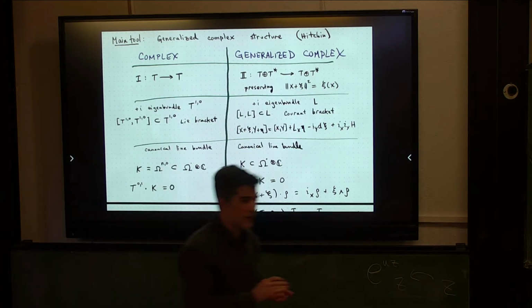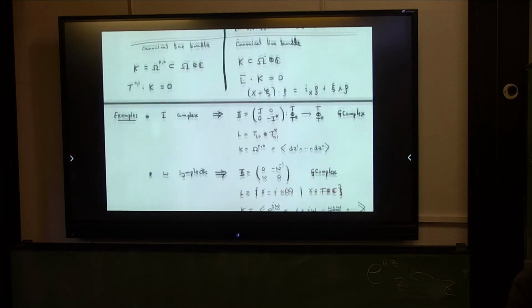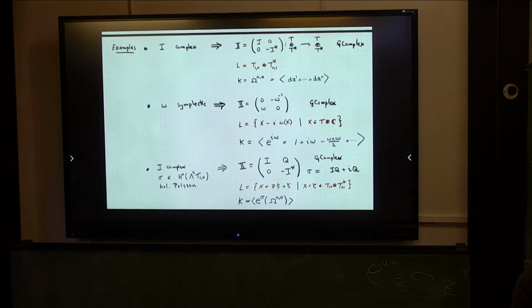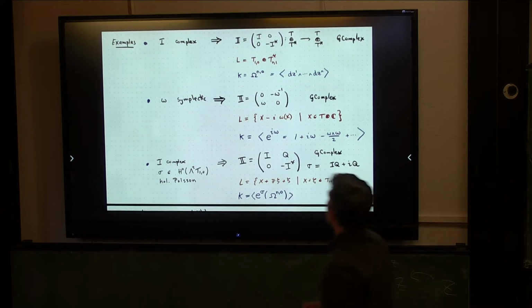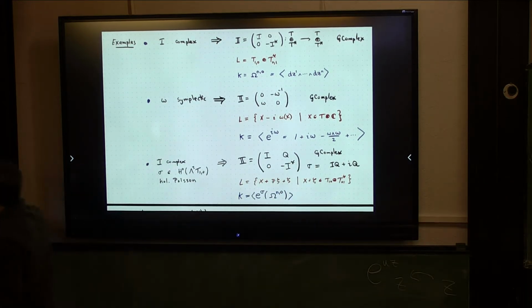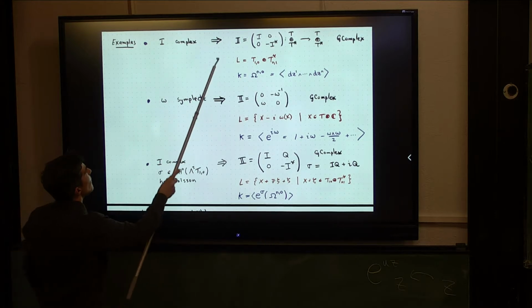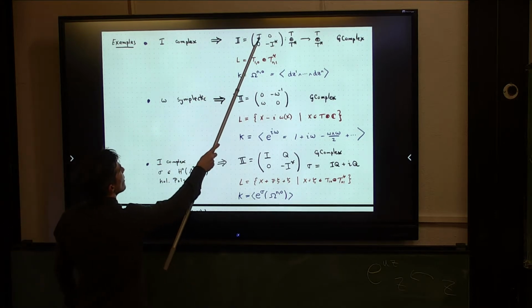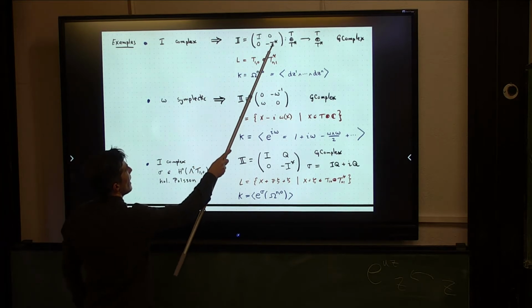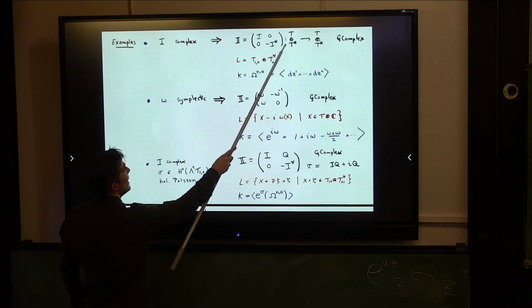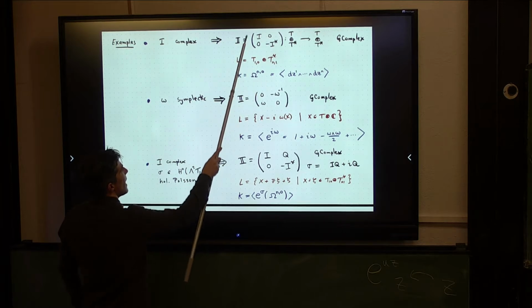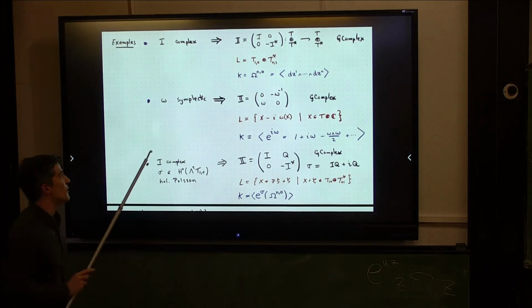So just in case you haven't seen these things before, here are some examples. If I is a complex structure, you can allow it to act on T, and you can allow its dual to act on T star, and then it will be a block diagonal generalized complex structure.